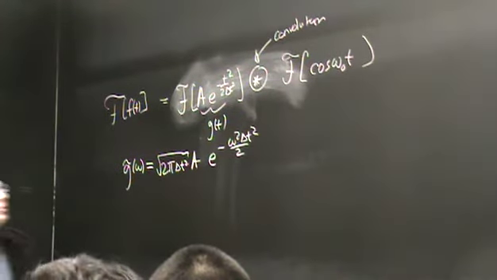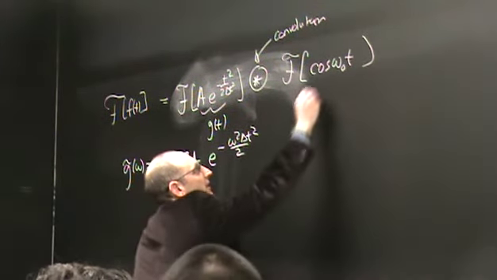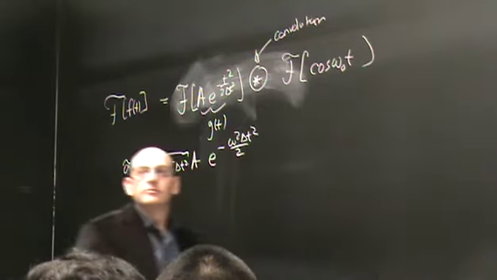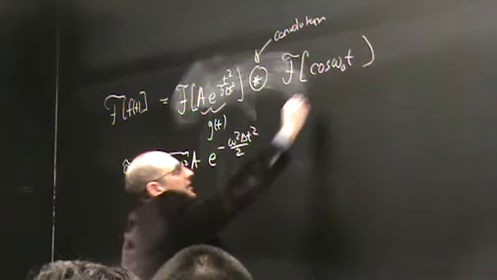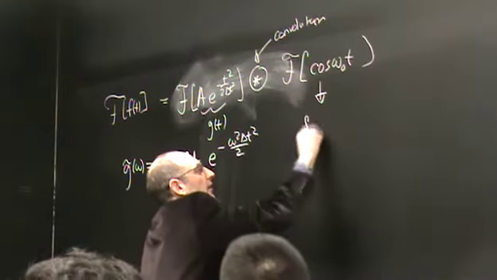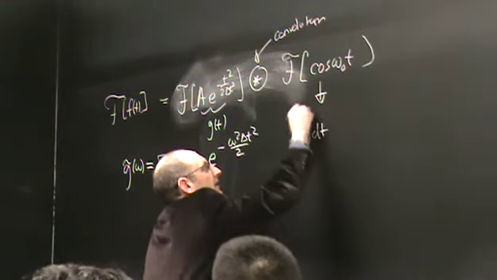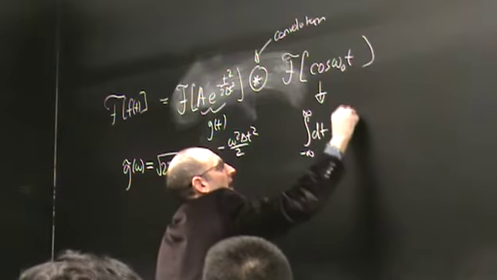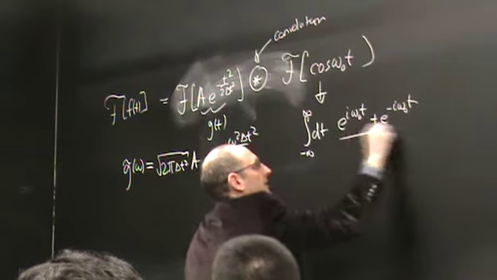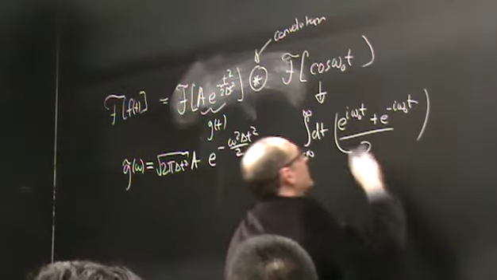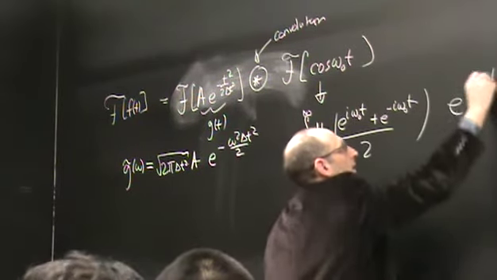Okay. What is the Fourier transform of this? It's two delta functions, right? I mean, we can see that easily if we just write it out quickly. The Fourier transform of this, e to the i omega t plus e to the minus i omega t over 2, that's cosine. We have to multiply that and integrate.